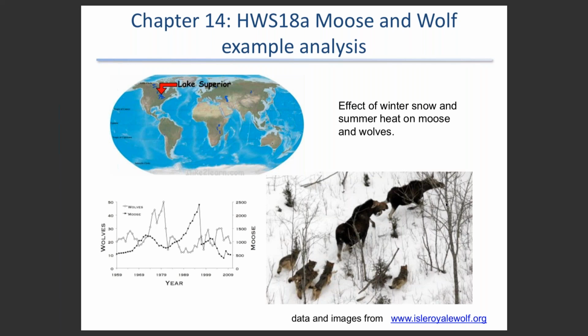But in order to do that process of model selection, you have to put the covariates into the model. And so you do need to know biologically a lot about the system to know what sort of covariates to include.